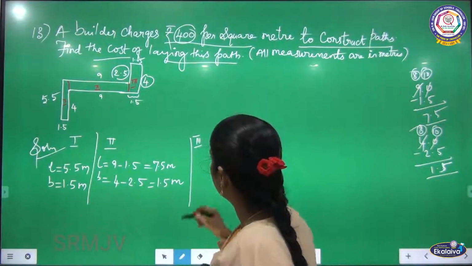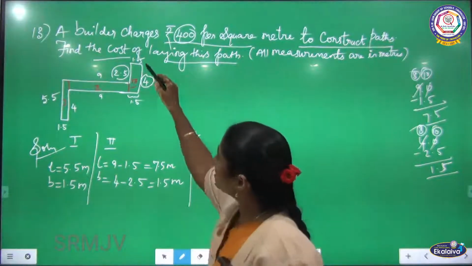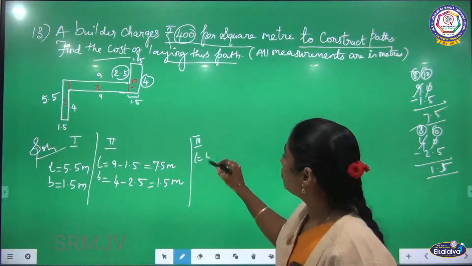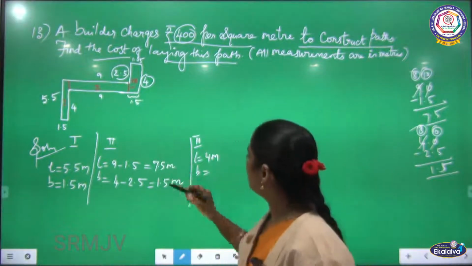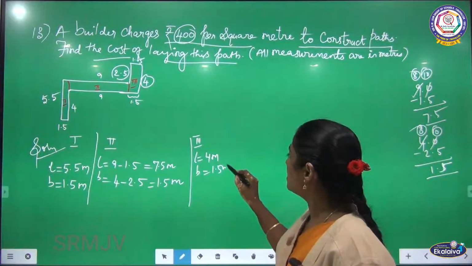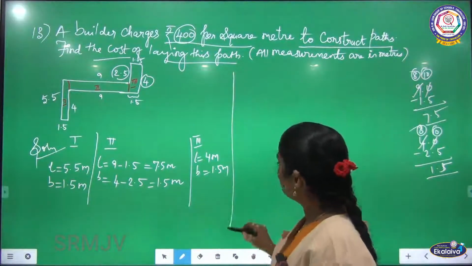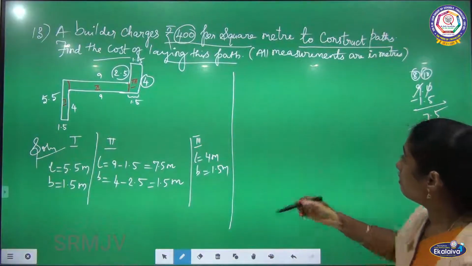See, listen, the length is what is given here, 4 meter, and the breadth is 1.5 meter. So I am going to find the area for this.